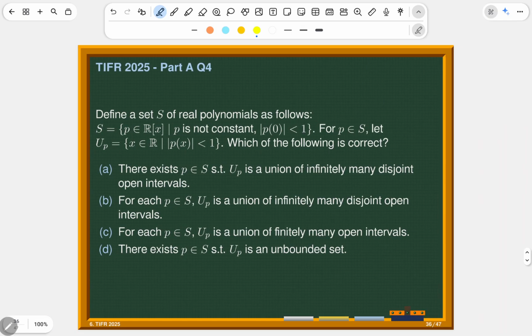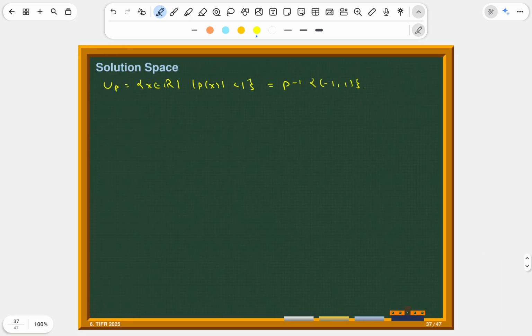And now obviously P is a polynomial, a non-constant polynomial rather, but nevertheless P is continuous. So P is continuous, -1 to 1 is an open interval and hence it's open. So this implies UP, which is inside R, is an open subset. So it's open.